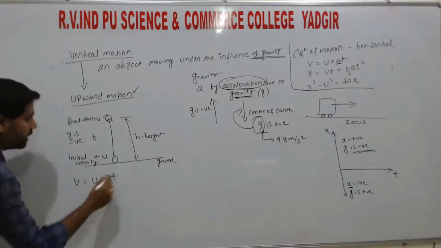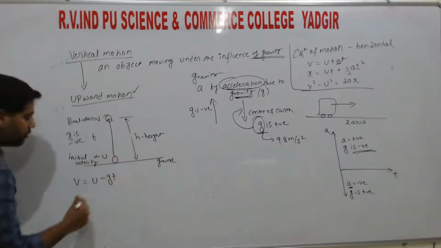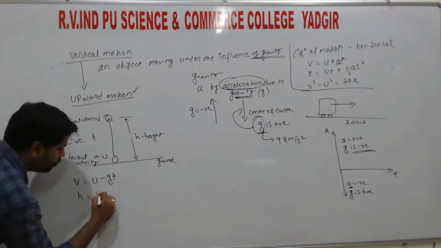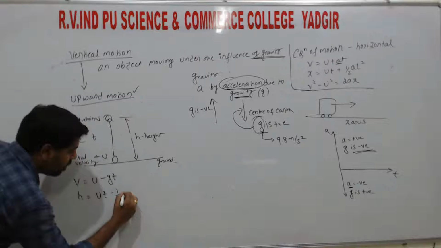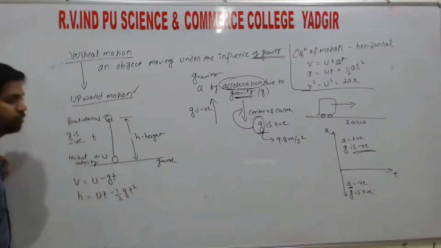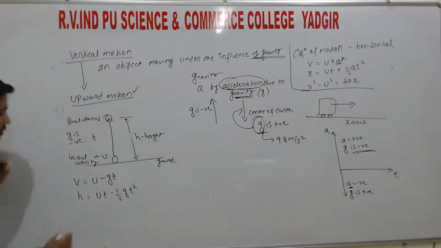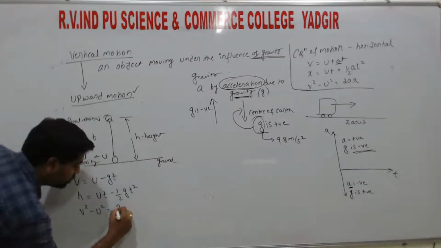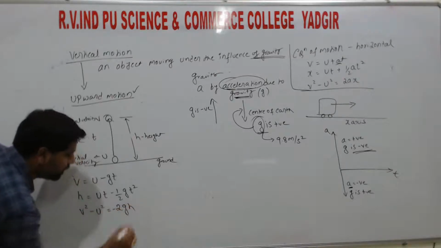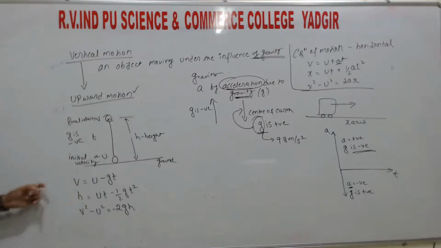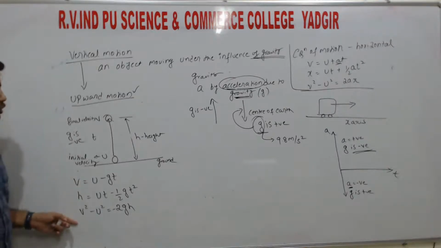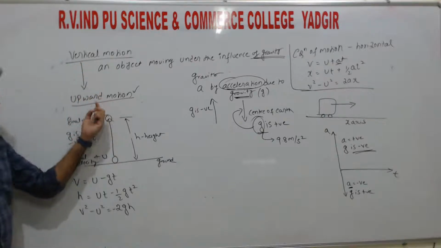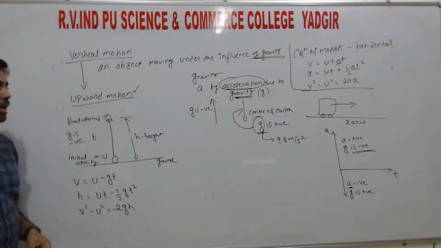Next, in place of x we replace by h, that is height: h equals ut minus half gt square. Next, v square minus u square equals minus 2gh. So these are the equations of motion for vertically upward motion.